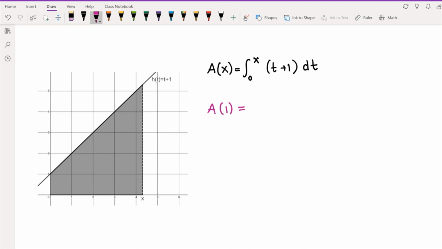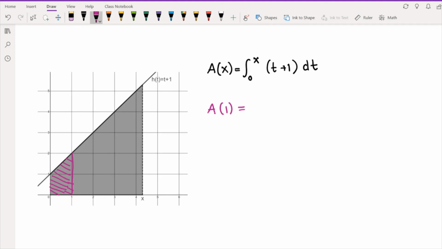So what would a of 1 be equal to? So that would be this area here, right? The area from 0 to 1. So how could we find this area? Well, there's a variety of ways, but I think maybe the easiest way would be to think of it as a square plus a triangle. You could also do it as a trapezoid. So if you remember the area formula for a trapezoid, you could do it like that.